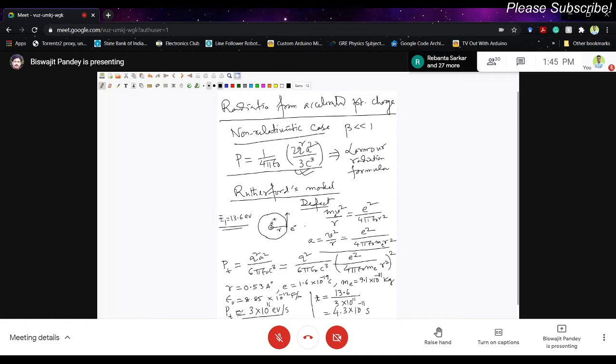That's something that comes into the area of quantum mechanics. I'm not going into that, but from the idea of classical electrodynamics, any charged particle moving in a circular orbit should give rise to electromagnetic radiation, and the power radiated should be calculated using the Larmor formula in the case of non-relativistic motion. So this is the defect of the Rutherford model.